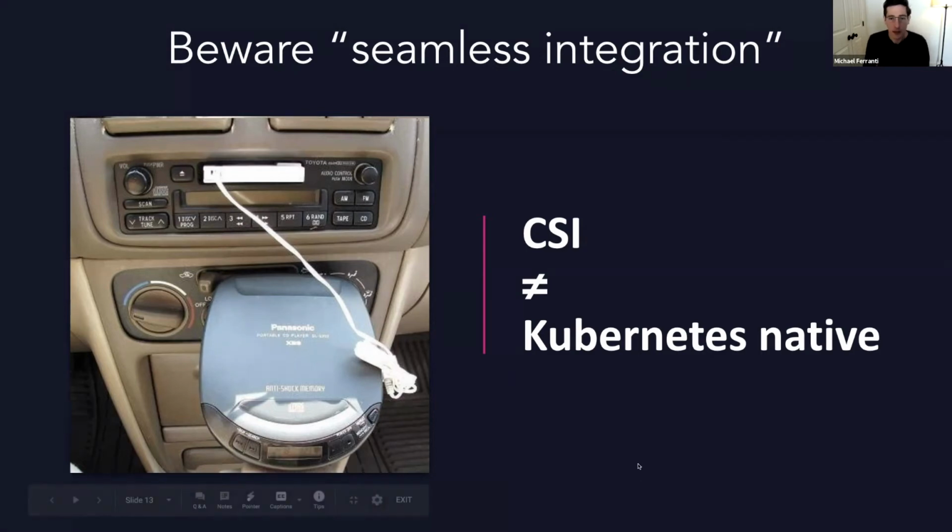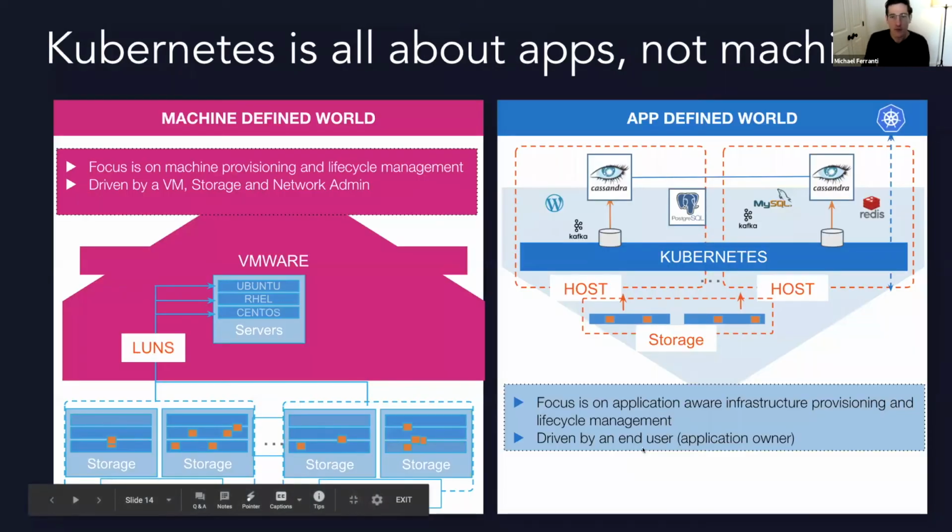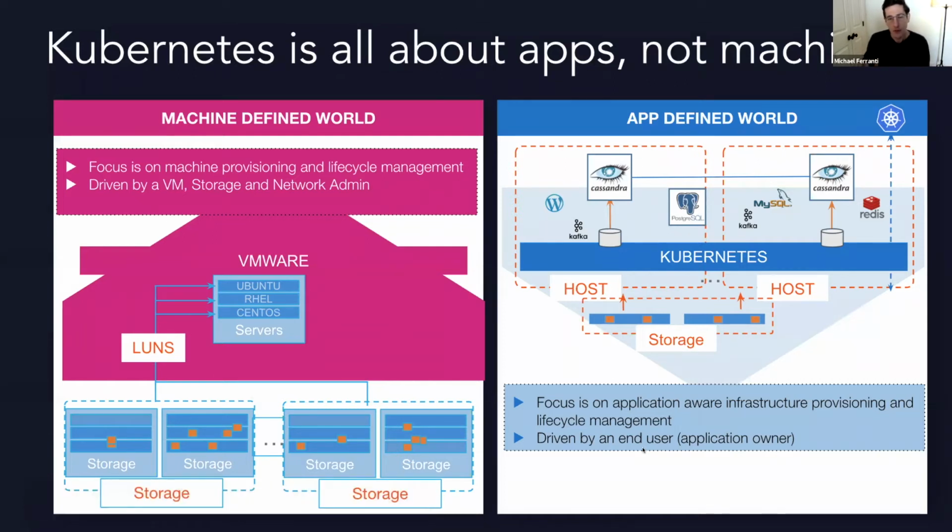So if we go to the next slide, the reason a Kubernetes native storage solution is a really important part of your overall Kubernetes strategy is that Kubernetes completely flips the narrative in how we do IT operations.